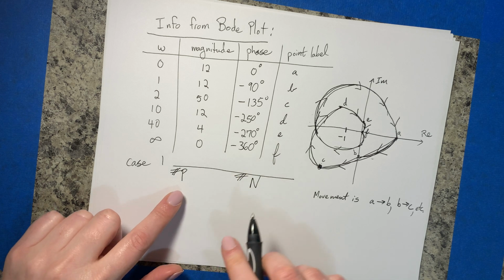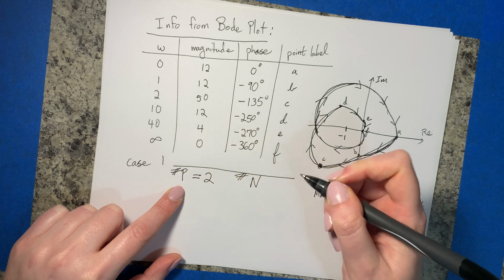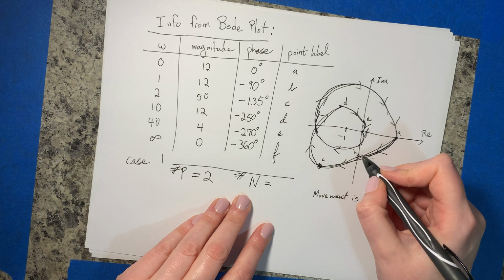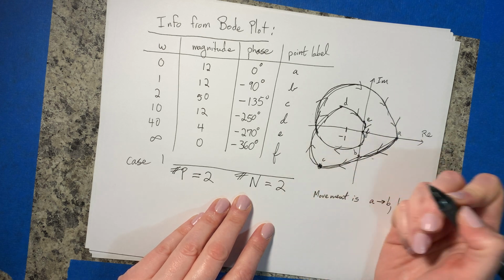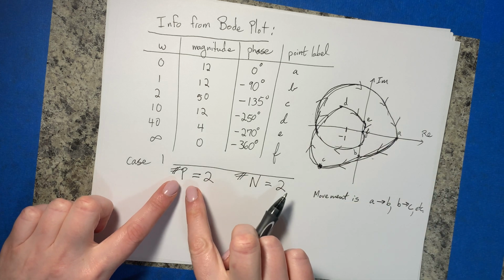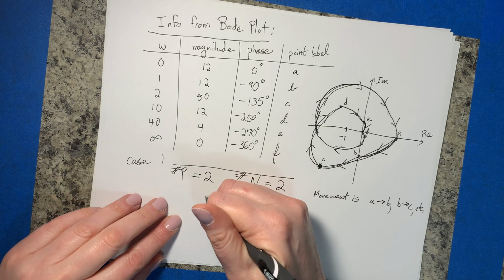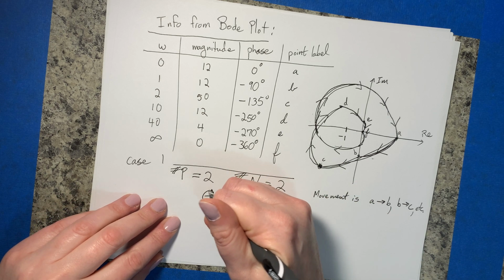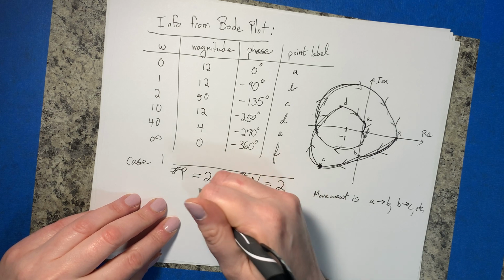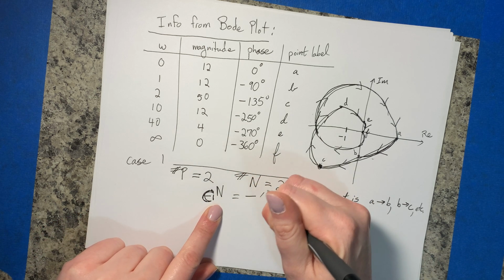Case 1, let's say we have a P that is 2, and number N equals, of course this one is 2, just straight from the plot. Okay, so we can see that we have the 2 and 2, but remember, we have to have the number of encirclements of -1 be negative number P.